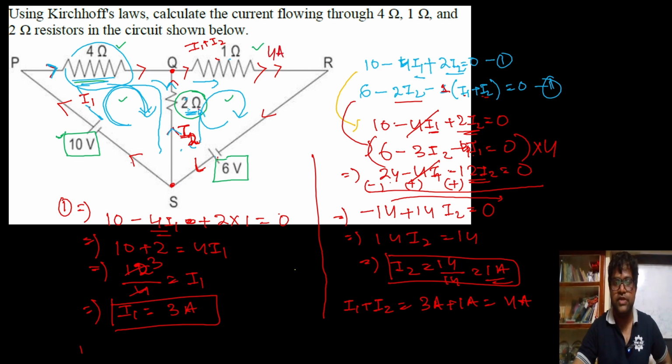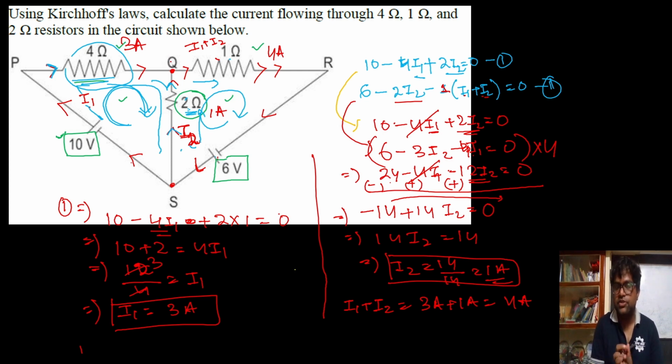Current through I2, that is the 2 ohm, is 1 ampere, and current through the 4 ohm, that is I1 we have taken, is 3 ampere. Now if you have taken different variables, like instead of I1, if you have taken I2, then accordingly your numbers will interchange, right? So the equation will change, but the answer will come the same way.